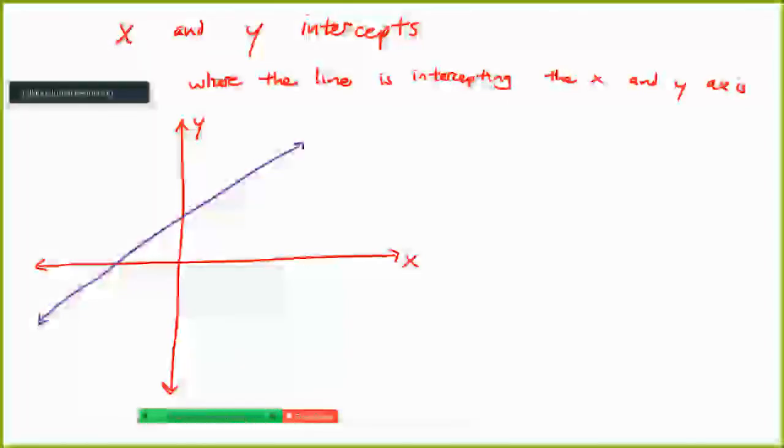Well, where the purple line is crossing or intercepting, right here and right here, these are my two intercepts. The one on the y-axis is the y-intercept. And likewise, the x-intercept is down here on the horizontal.